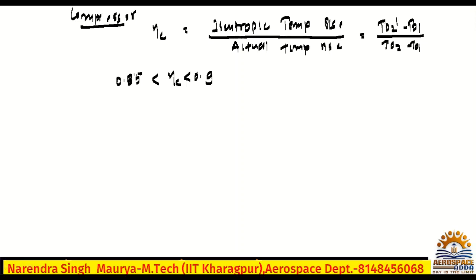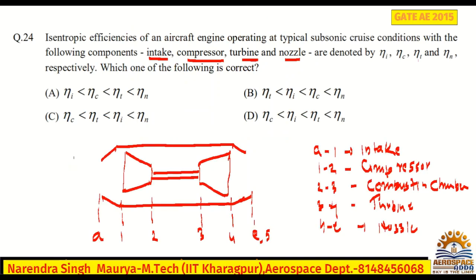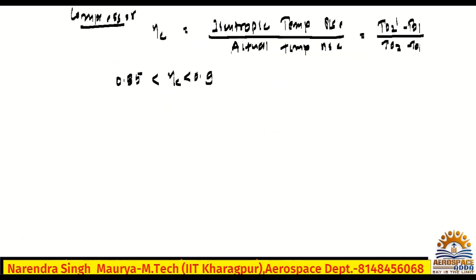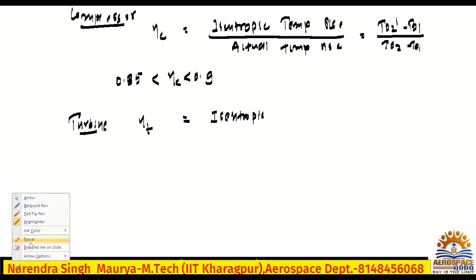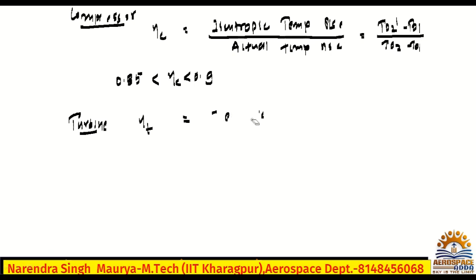All right. Similarly, because in the problem they have asked the intake, compressor, and then turbine, so we'll go for the turbine. So what is the turbine? In turbine always expansion occurs, so it is now just reverse, no? Compressor and turbine. So now there is the fall of temperature and pressure, because in turbine expansion takes place.